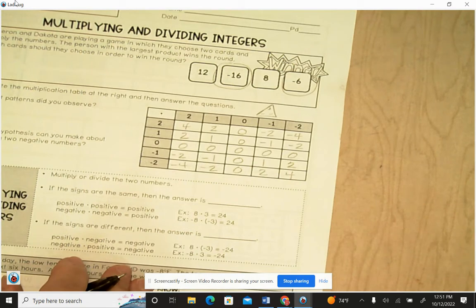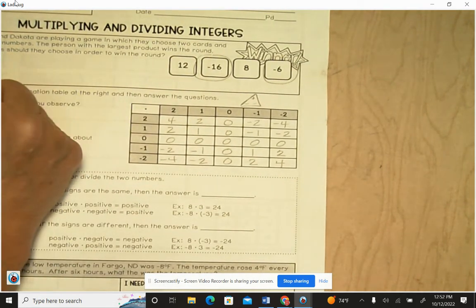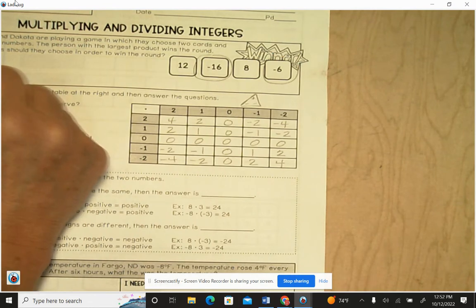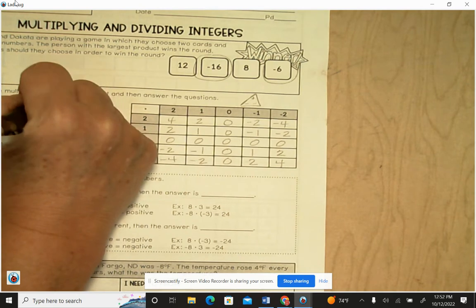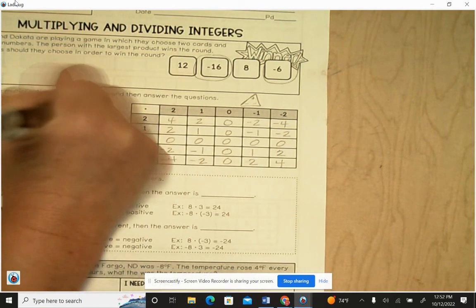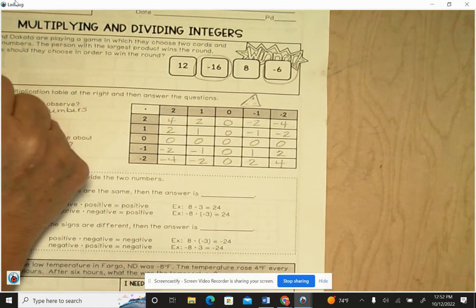So what patterns do you see when you observe this? Two positives result in a positive answer.